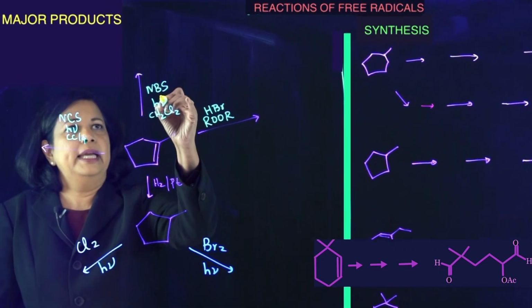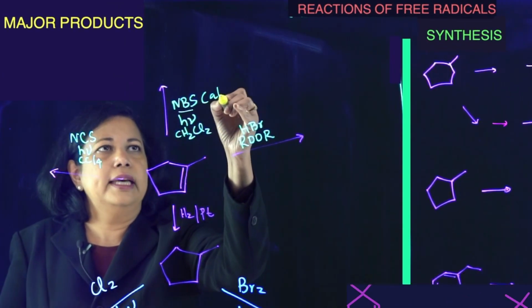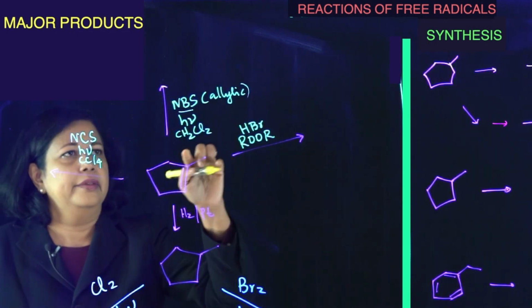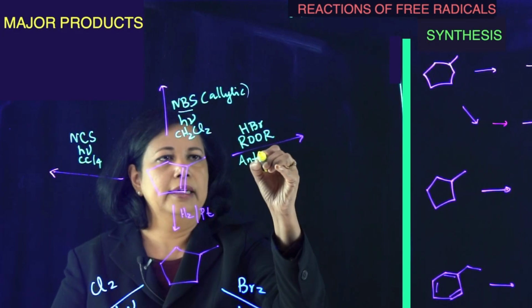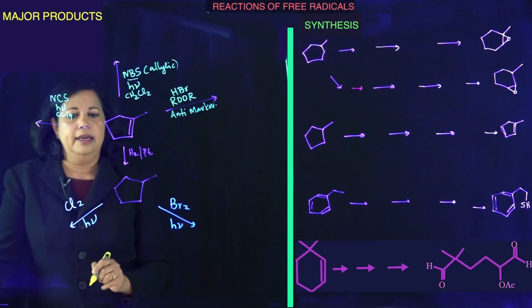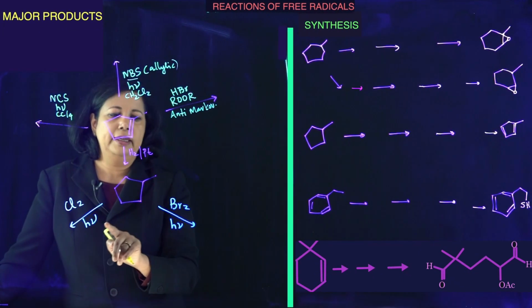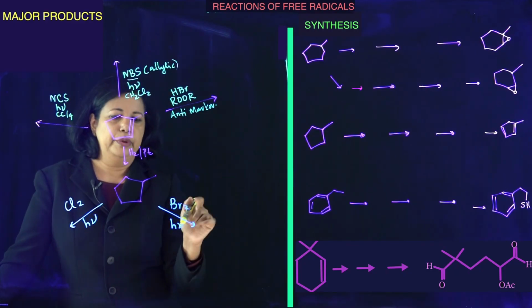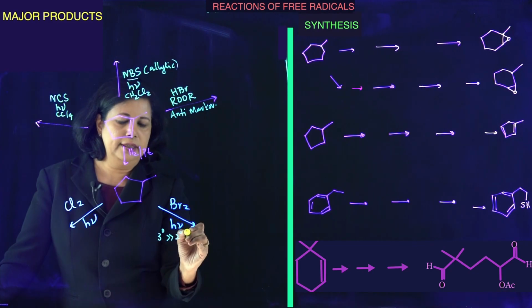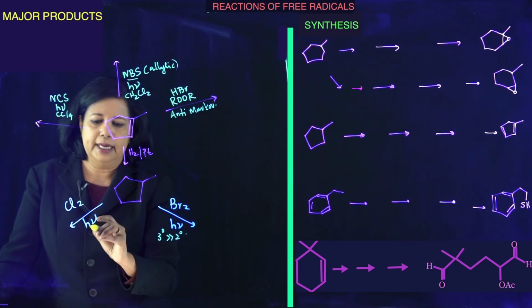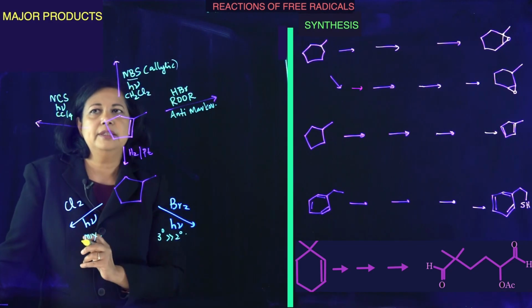So NBS, the unique thing about it, it is allylic, and the unique thing about the peroxide HBr, it's anti-Markovnikov. And bromine and chlorine, the unique thing is the stability rating, tertiary much more than secondary, and so on. And here you get mixtures. So let's do all of this.